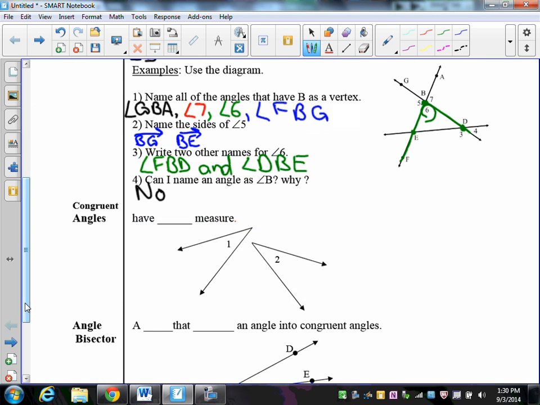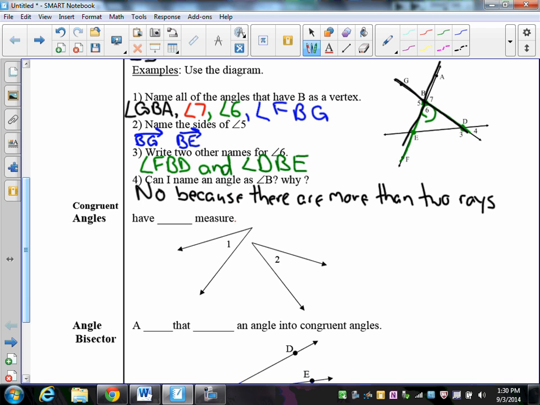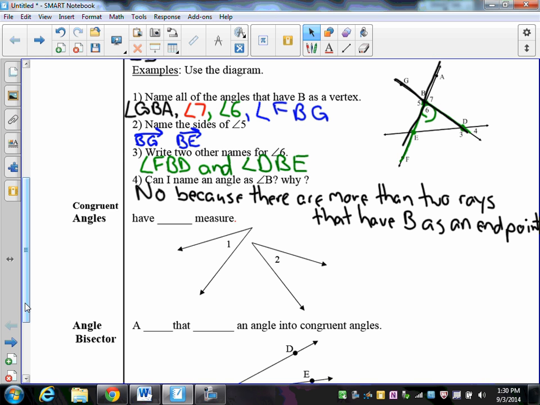If we take a look here, we have 4 different rays that come out from point B. So we can't just name it angle B. So no, because there are more than 2 rays that have B as an endpoint. So remember what an endpoint is. It's where the ray starts.